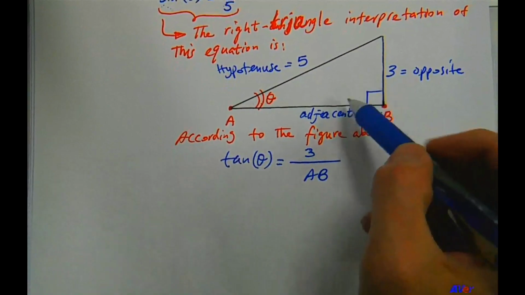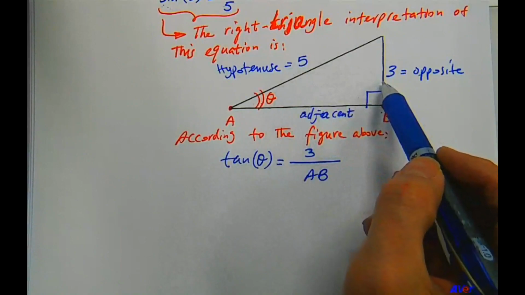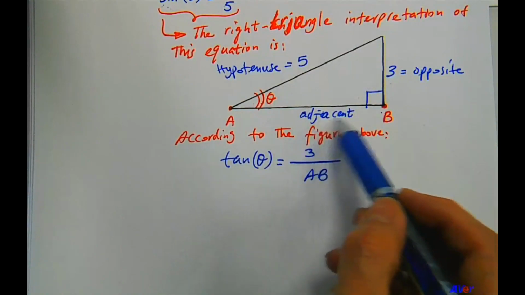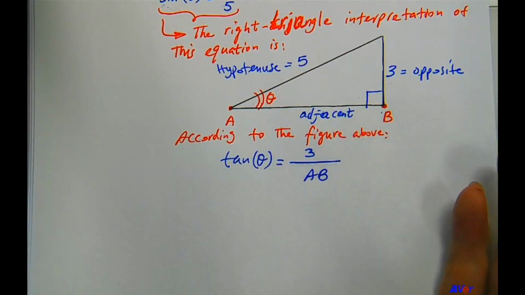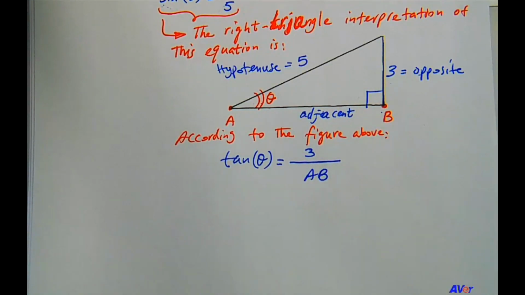But this is a right triangle. What is AB? We have 2 sides. Can we not calculate the adjacent side? Of course we can, using the Pythagorean theorem, right? We learned all of that from elementary geometry.